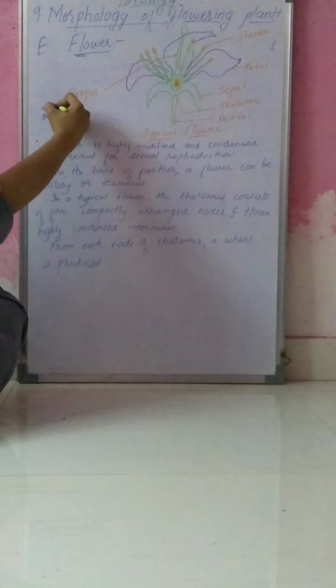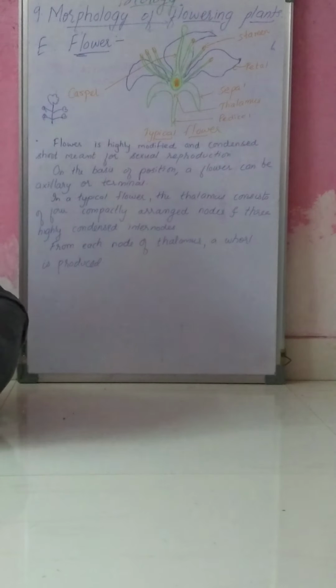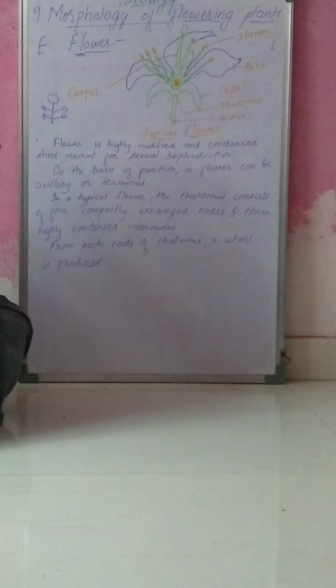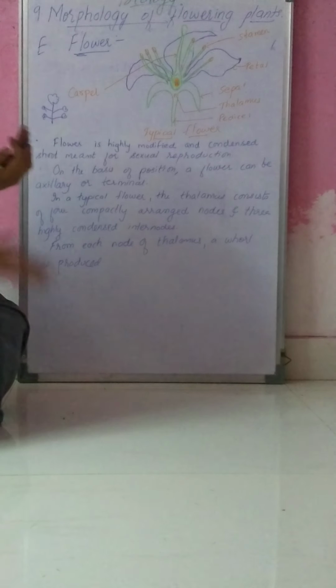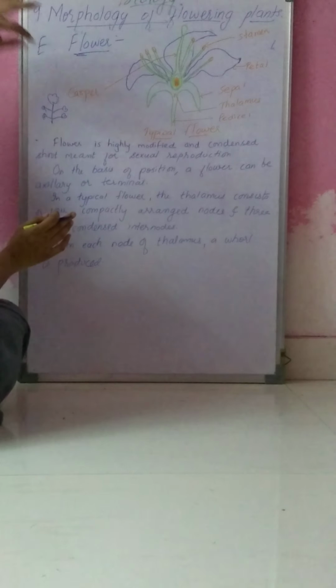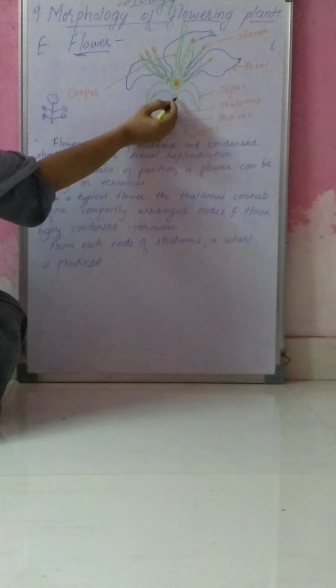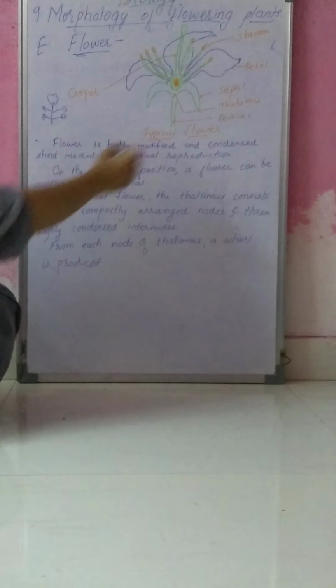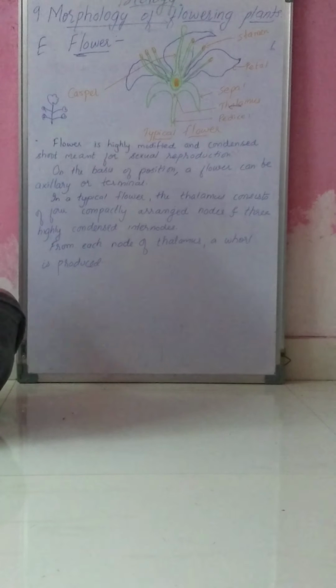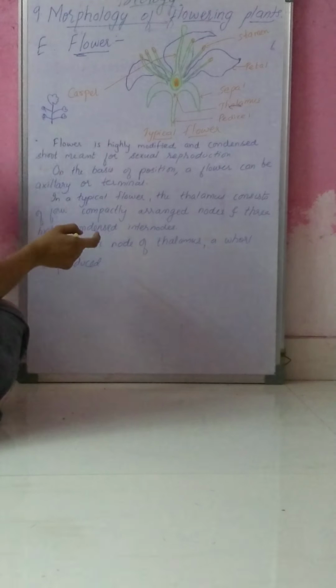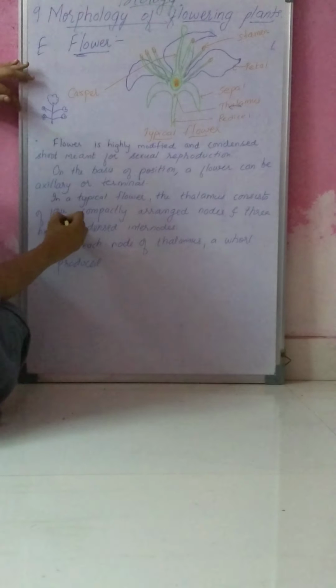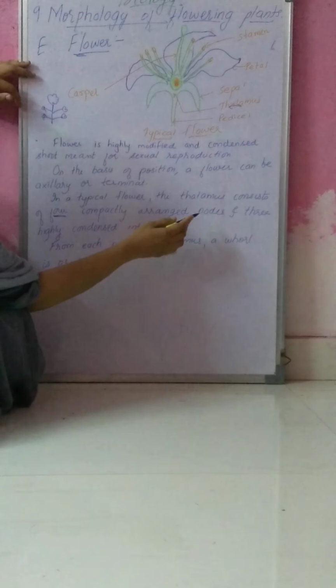But if the flower is present on the terminal position, we call it as terminal. Then if you see a typical flower, this part is known as thalamus. This is the thalamus of the flower. So this thalamus consists of 4 compactly arranged nodes.